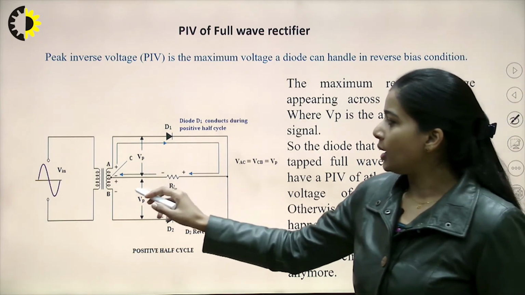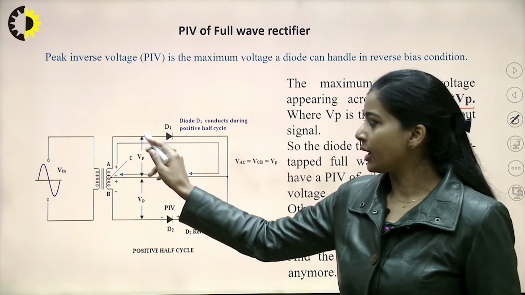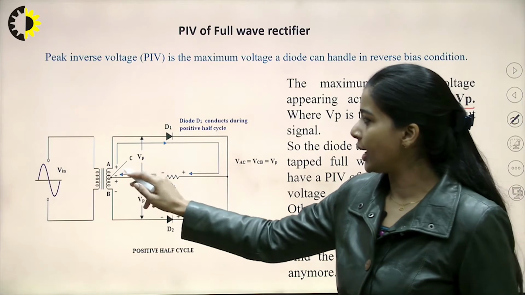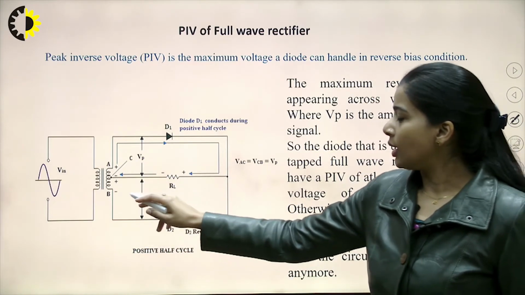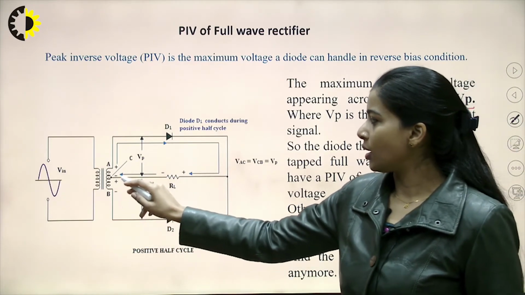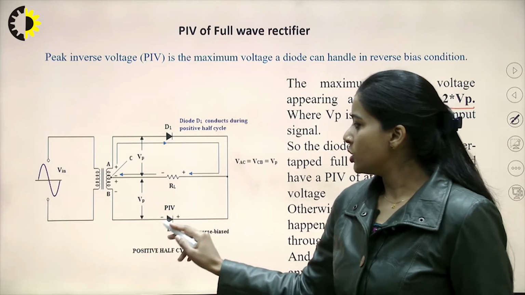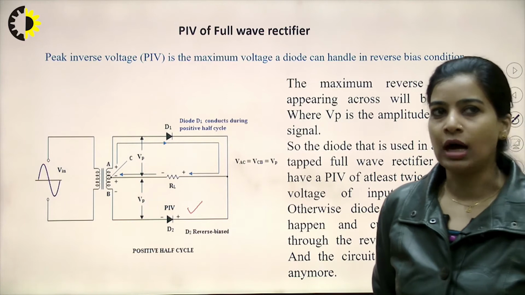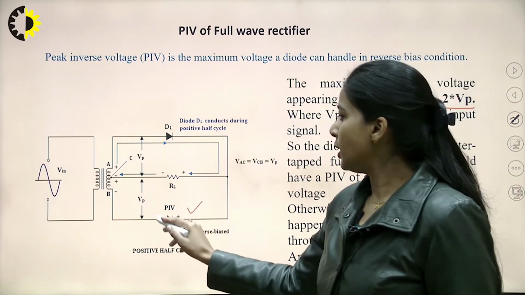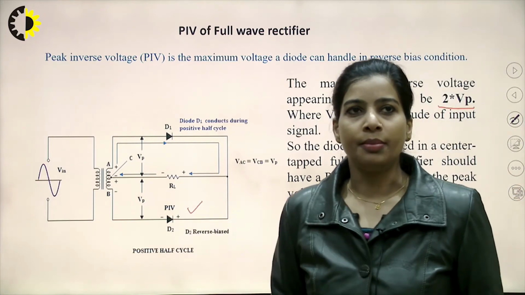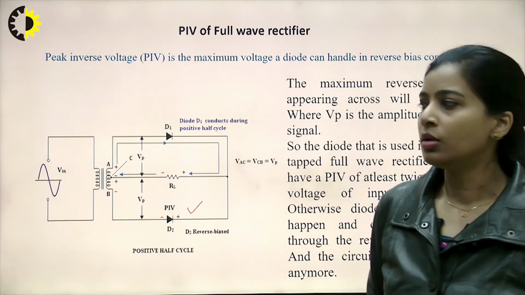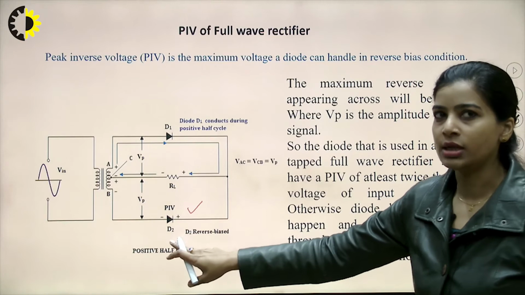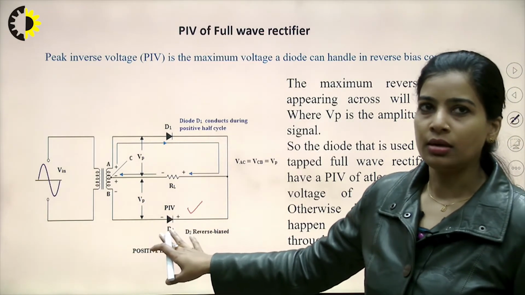How is this appearing? For the positive half cycle, the Vp voltage is appearing across points A and C, and another Vp voltage is appearing across C and B. So the diode that is off during the positive half cycle needs to have parameters such that it can withstand 2 Vp of voltage without getting damaged.